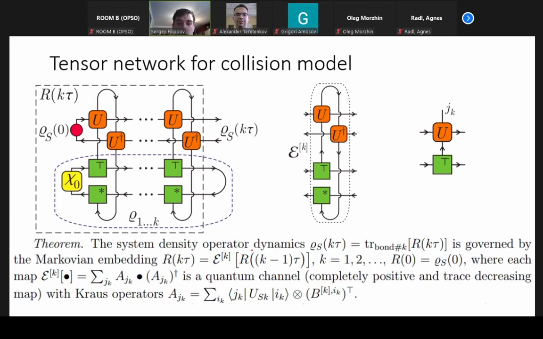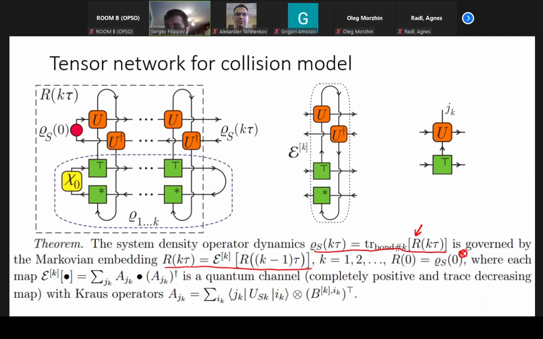So the system density operator dynamics is given by such a formula where R evolves according to that equation. Here there is a mistake.